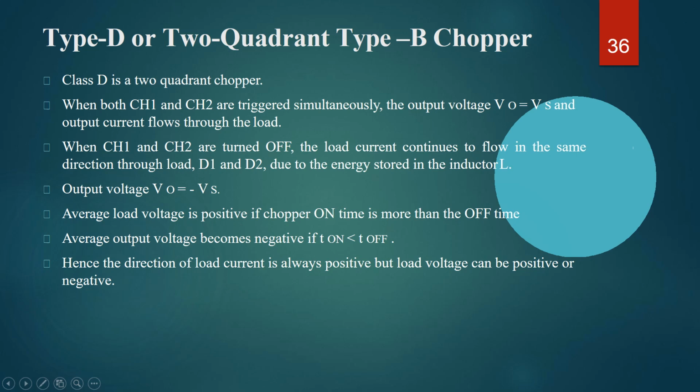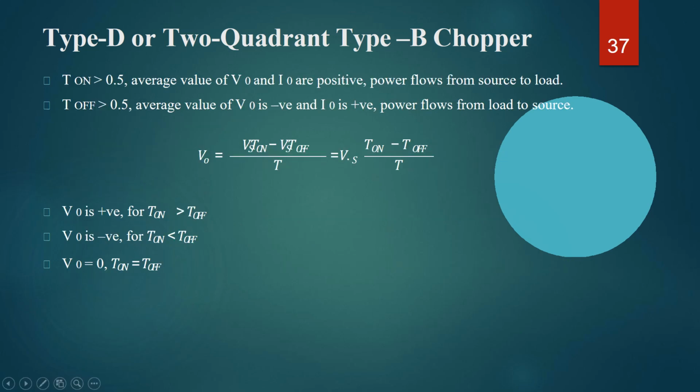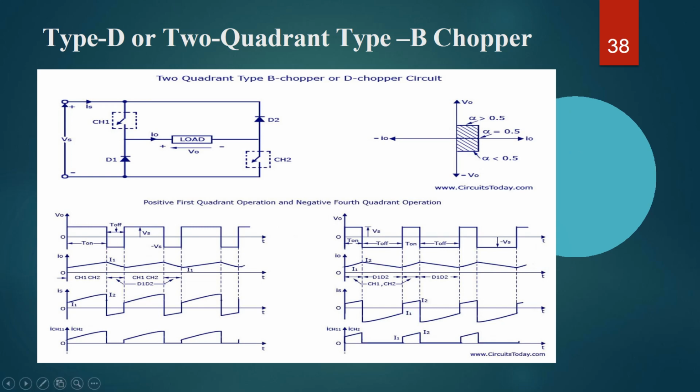Now it is called type D or two quadrant type B chopper. So again, you can see, it is more or less an H type circuit due to this arrangement. So you can see in this leg there is a switch CH1 and the diode D1 here, just opposite diagonally it is CH2, and here diagonally it is D2.